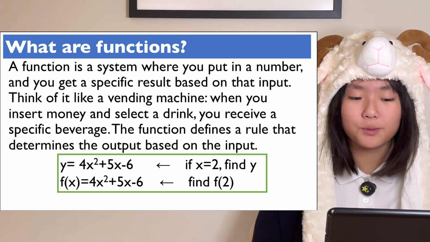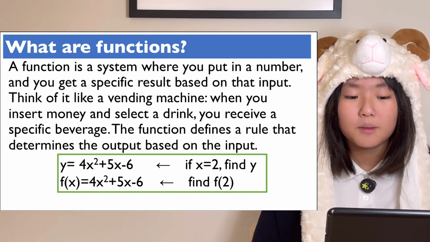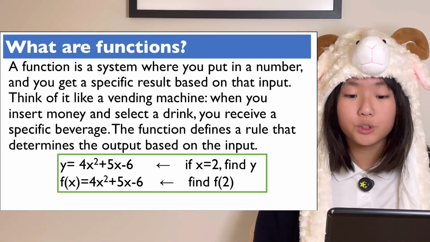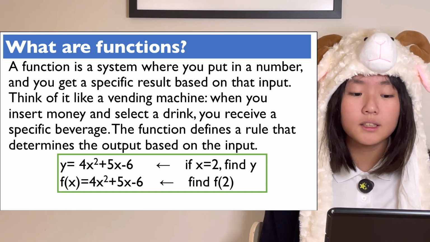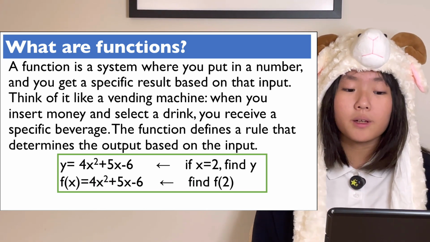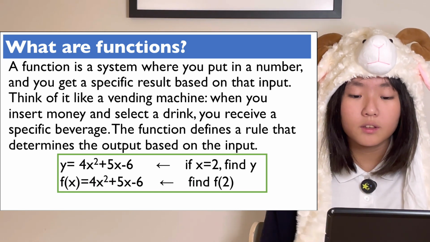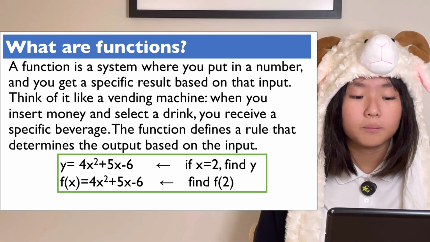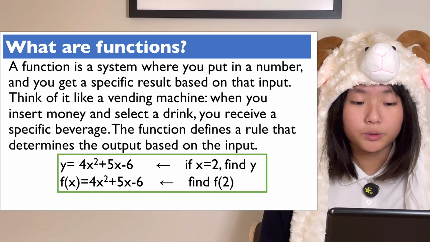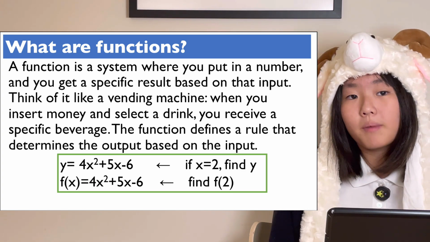y equals 4x squared plus 5x minus 6. If x equals 2, find y. In the sentence, y equals 4x squared plus 5x minus 6, then find f(2) in f(x) equals 4x squared plus 5x minus 6.